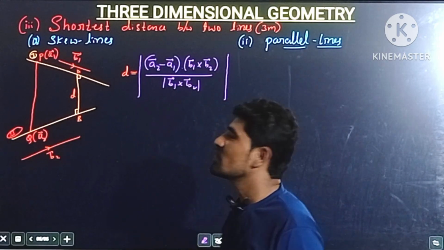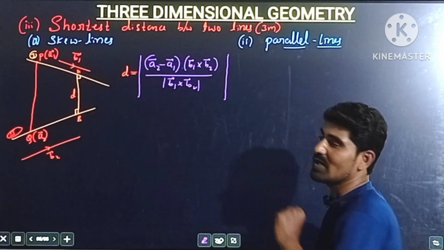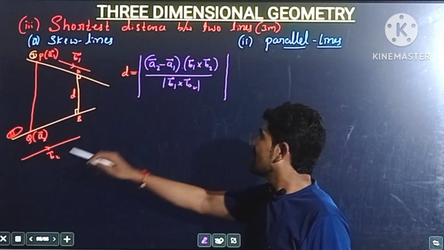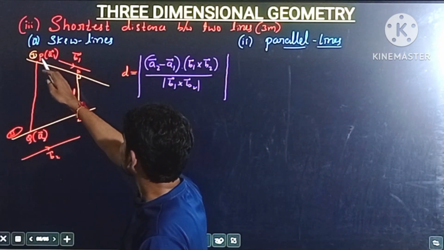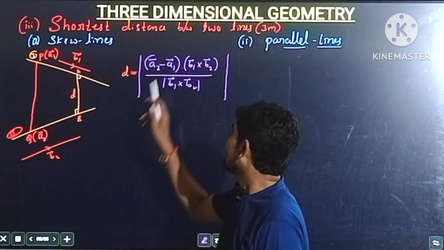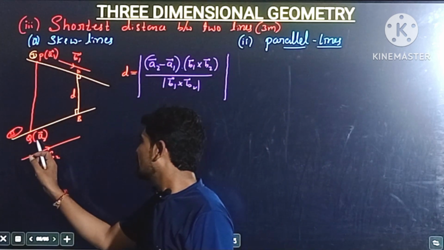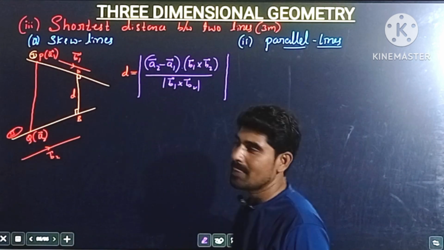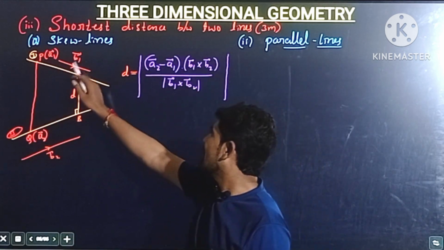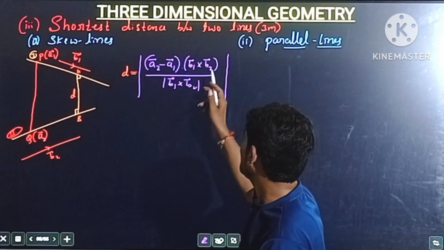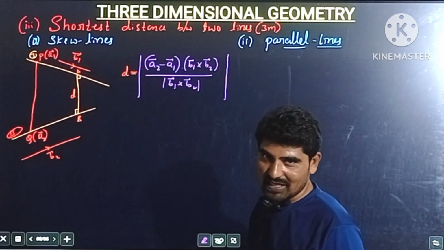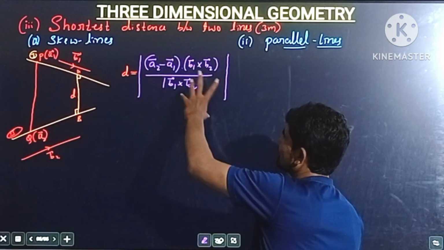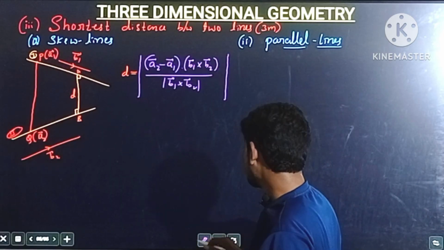So this is the formula to find the shortest distance between skew lines, where A1 vector is the position vector of the point through which the first line is passing, and A2 vector is the position vector of the point through which the second line is passing, and B1 vector is the parallel vector of the first line, and B2 vector is the parallel vector of the second line. So this is the shortest distance between two skew lines.